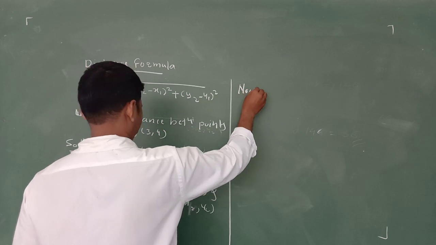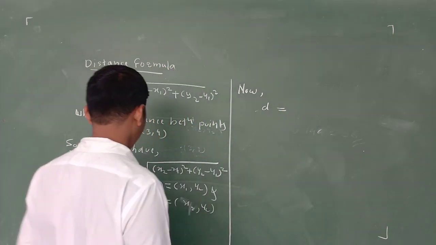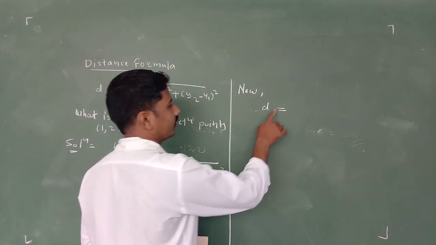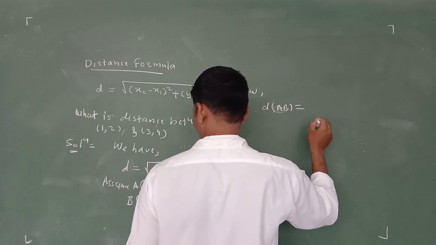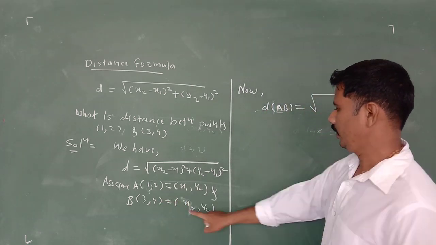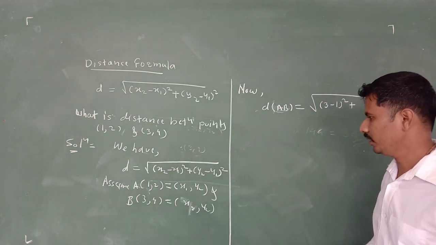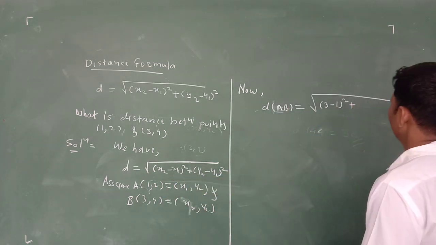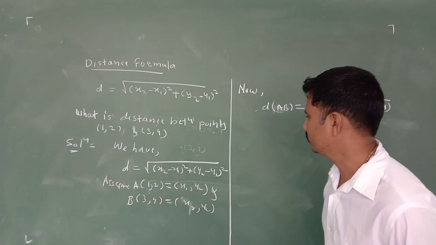Now what is the distance of the given points? So assume these points as A and B. So distance AB is equal to under root x2 minus x1, 3 minus 1, bracket square. x2 is 3, x1 is 1, x2 minus x1, plus y2 minus y1, 4 minus 2.